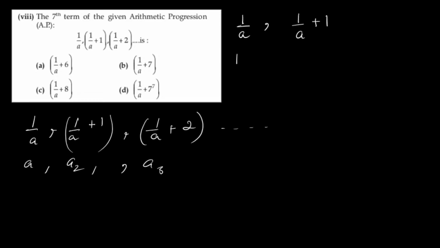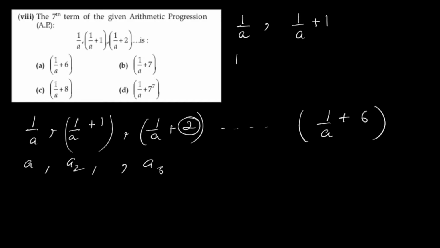If you continue like this, for the seventh term, 6 will be added, one less than the term number. In the third term 2 is added, in the fourth term 3 will be added. So you will get the answer as 1 by A plus 6, with simple logic.